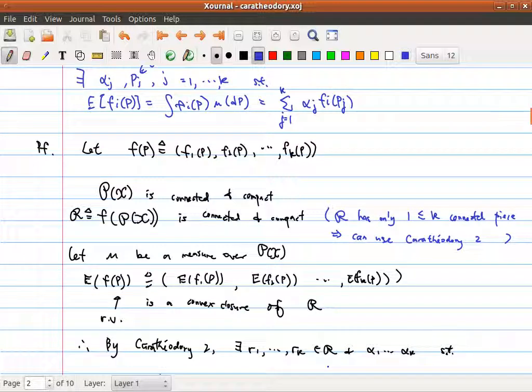So let me define f(p) as f_1(p), f_2(p), up to f_k(p). So f(p) is a vector composed of these components here. What we have is that P_X is connected and compact, because think of what P_X is here: all the distributions of X are PMFs, and we can change this.